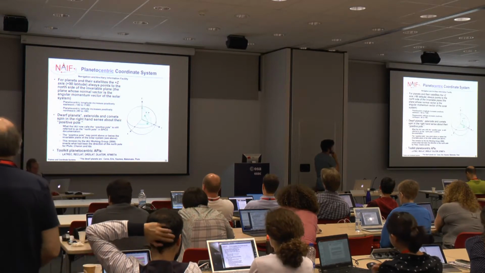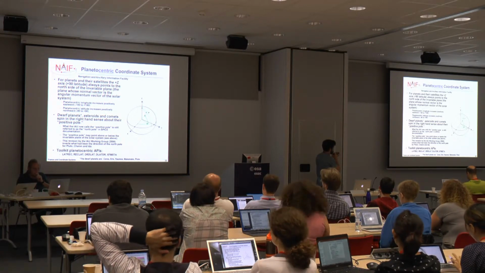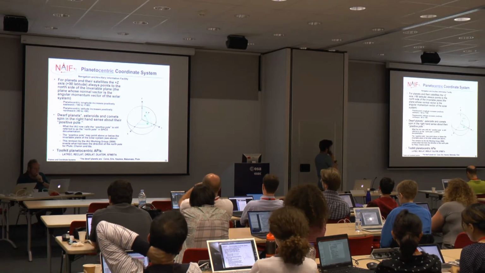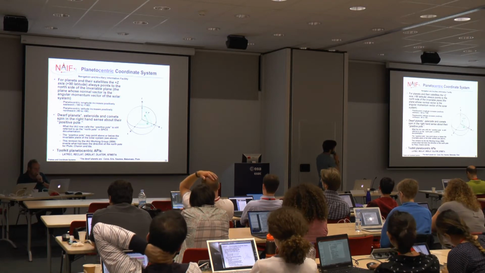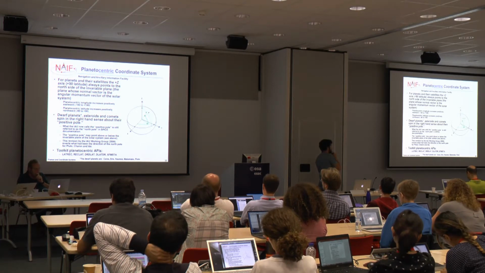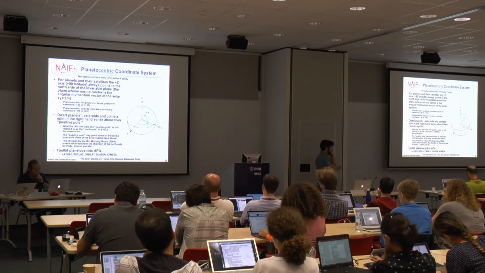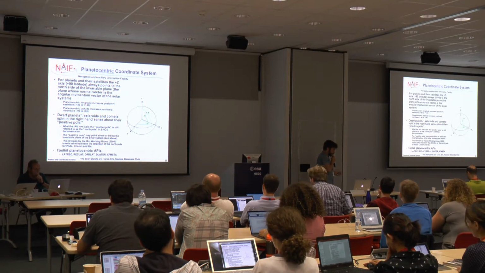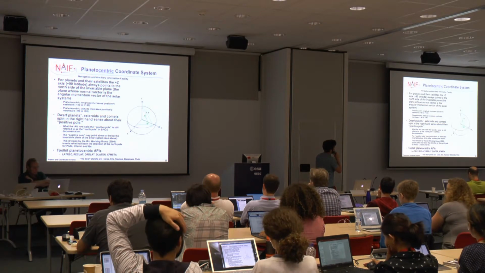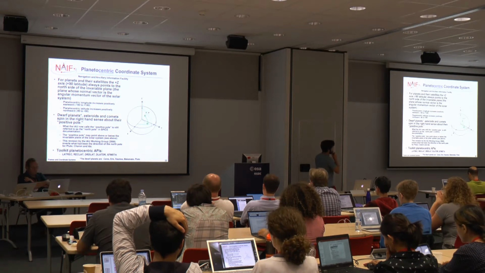So we've got all the bodies of the solar system, that's the total angular momentum, and that's the normal of this invariable plane. It's important to note that the longitude increases positively eastward from minus 180 to plus 180 degrees, not 0 to 360. And latitude increases positively northward from minus 90 to plus 90.